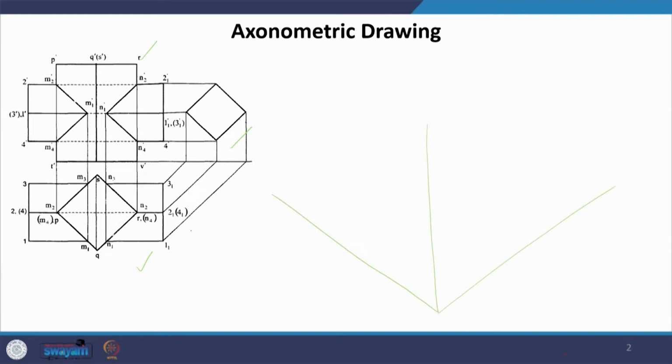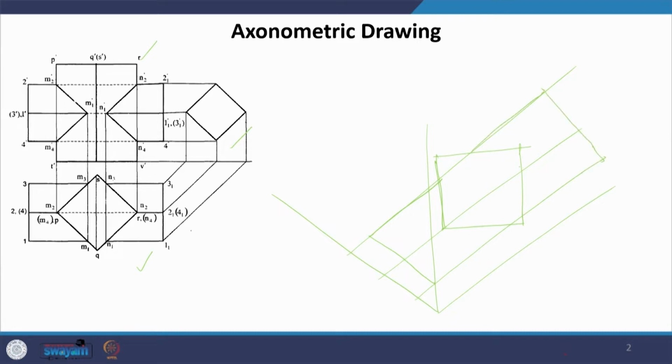So, if I draw this plan here, this is how it will look like.